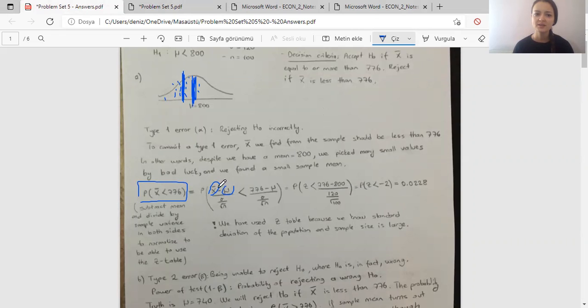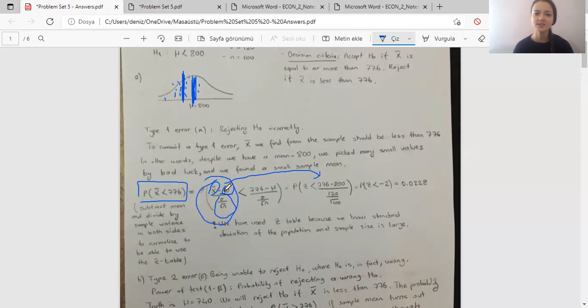And we know that sample mean's standard deviation is this, okay? Actually, this is not sample standard deviation, it's sample mean's standard deviation, okay? So we are just putting the values now here.